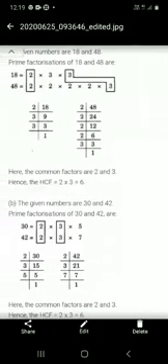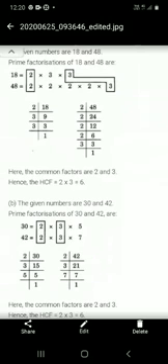Now your first question: the numbers are 18 and 48. First of all, you factorize 18 and 48. 2 9s are 18, 3 3s are 9, 3 1s are 3, and for 48, 2 24s are 48, 2 12s are 24, 2 6s are 12, 2 3s are 6, and 3 1s are 3. Now you will write down the factors of 18: 2 into 3 into 3.